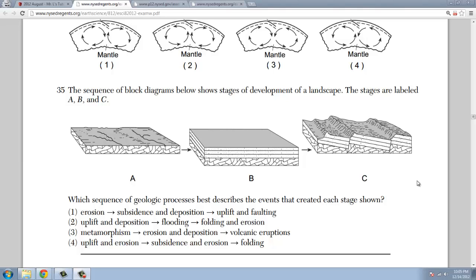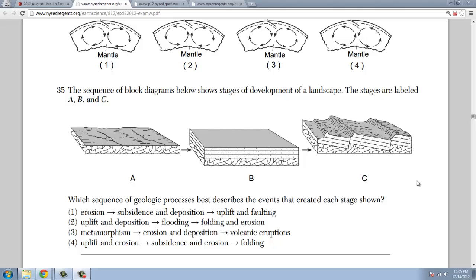Uplift and deposition. Well, there's no evidence of it being uplifted. It doesn't look like it's been moved up. And the deposition, it looks more like things have been worn away. So that doesn't really seem right, but we'll just hold on for that one. 3 is metamorphism.